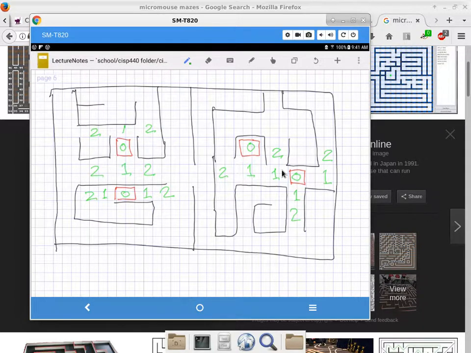Okay. So when you look at these numbers, I'll do one more iteration for the 3s. So we got 3, 3, 3, 3, 3, 3, 3, 3. Okay, so I think I got all the 3s here. So basically, you keep doing this until every single cell has a number.